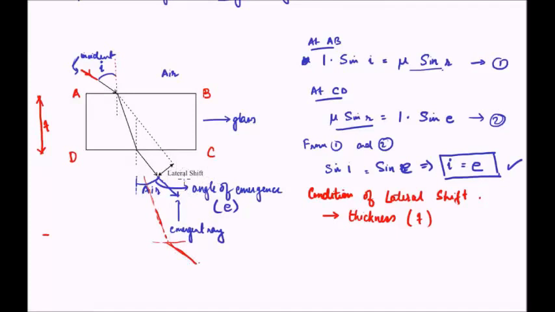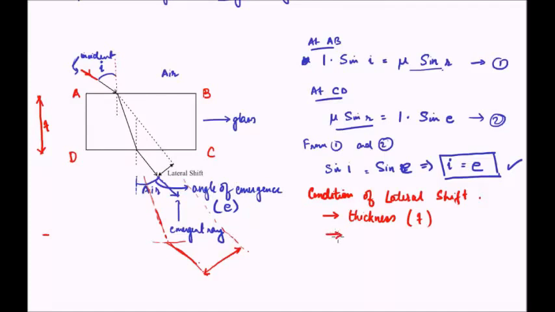So thickness. How come? What does thickness do? Imagine that the slab was not this thick, but rather from here till here, let's say twice as thick. Then this line would have further taken this path and traveled in this direction.